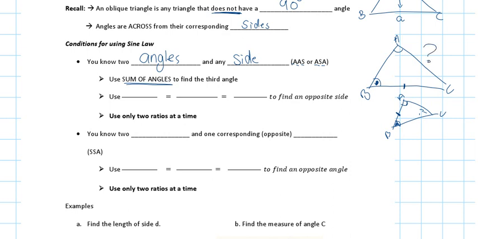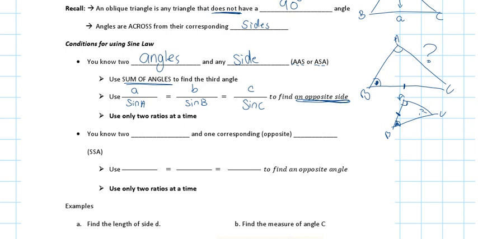Sine law says you have, let's start with A first, A over sine A is equal to B over sine B is equal to C over sine C. This formula is used to solve for the opposite side, okay? And when you're using this formula, you're only going to use two of the ratios, not all three of them.